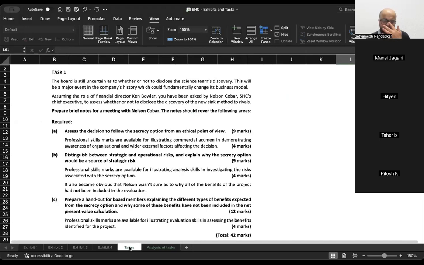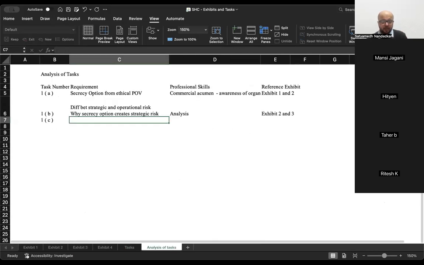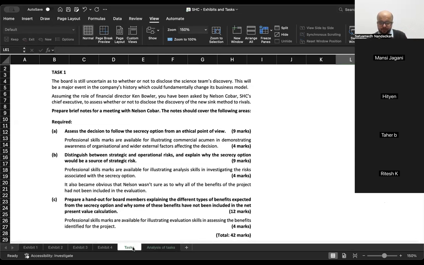Okay. Task 3. Prepare a handout for board members explaining the different types of benefits expected from secrecy option and why some of these benefits have not been included in the NPV calculation. This very clearly points to Exhibit 3 for sure, because there is something mentioned about the NPV working, right? So how should I summarize that? Prepare a handout explaining different types of benefits expected from secrecy option.